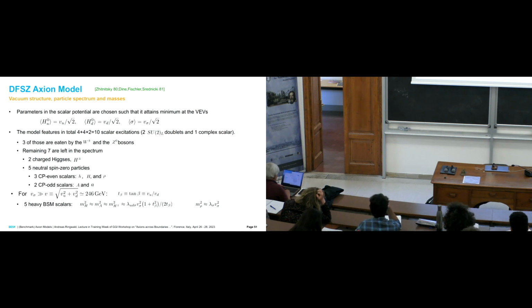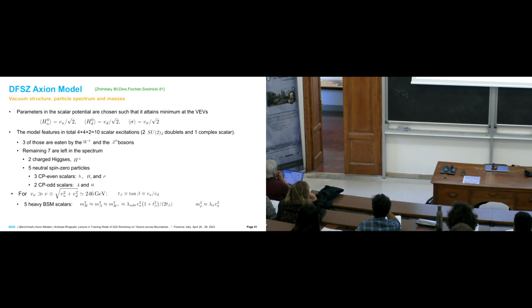Now, five of these heavy scalars, namely the charged Higgses and the H and rho, five of these particles are heavy. I want to say that.